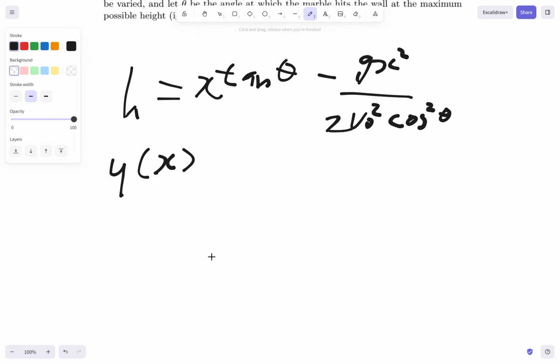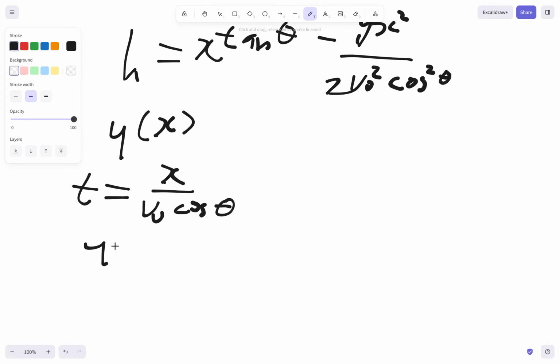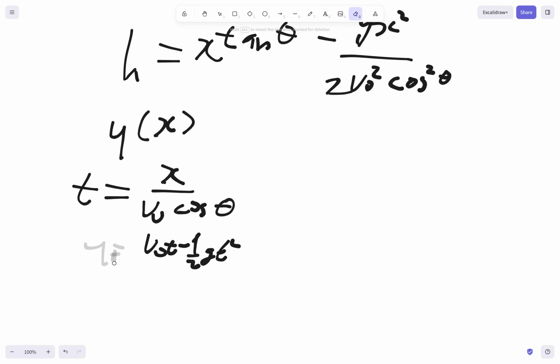I think I derived it in one of my videos, so you can look back at that. You just take t equals x over V0 cos theta, and plug it into y equals V0 t minus 1/2 g t squared. That's how you get the formula. I would recommend memorizing it because it's really useful. I've used it like 3 times throughout the entire series.